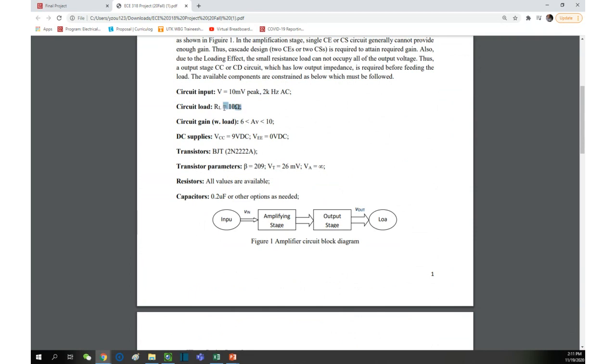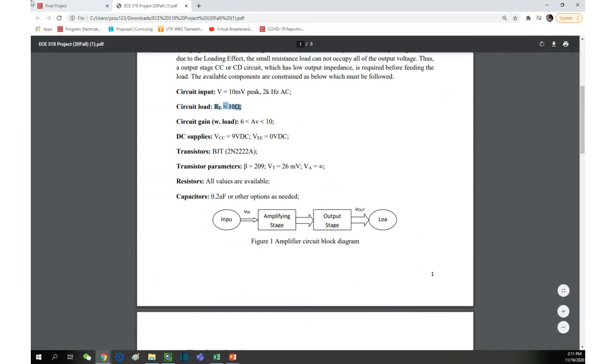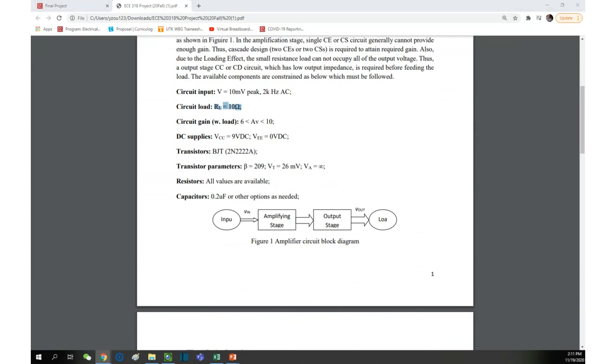The tricky thing is we are adding a load. The load is very small, 10 ohm. What are you expecting? Very hard to have high gain. Why is that? Because your output resistance is so small. According to the voltage divider, the smaller the resistance, the smaller the voltage it is able to occupy, right? So your load is so small.